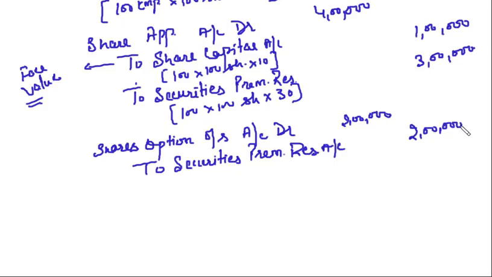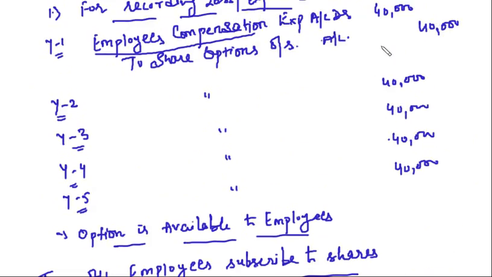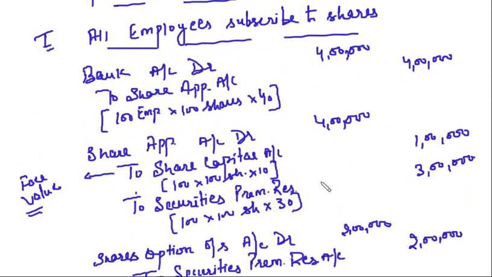Whatever share options outstanding you have credited in the earlier years as an expense, now the options have been exercised. So this share option outstanding account will be closed by debiting and credit will be given to securities premium reserve account. Clear? So this is how you pass the entry for ESOP in case all the employees subscribe to shares. Clear?